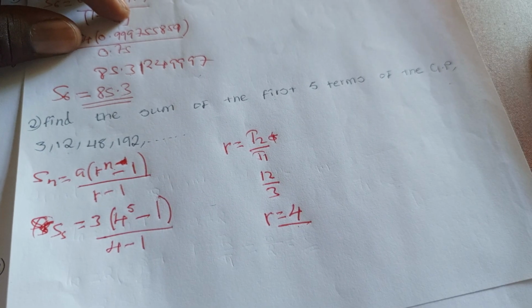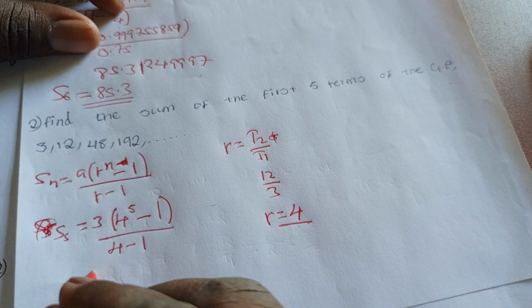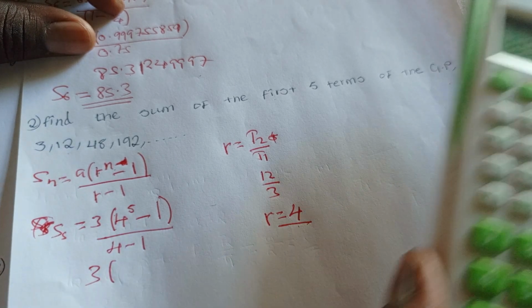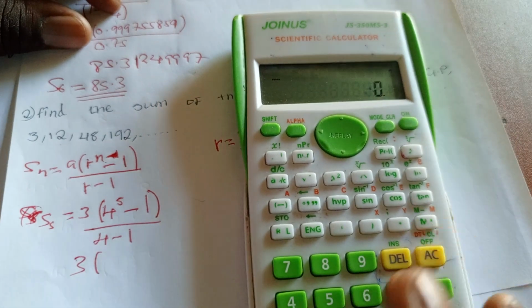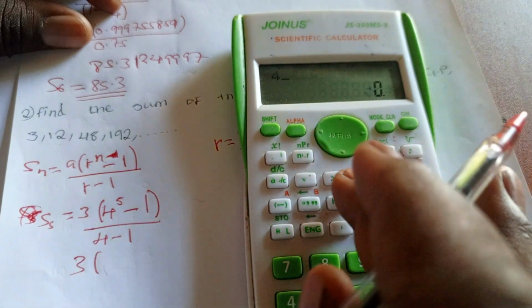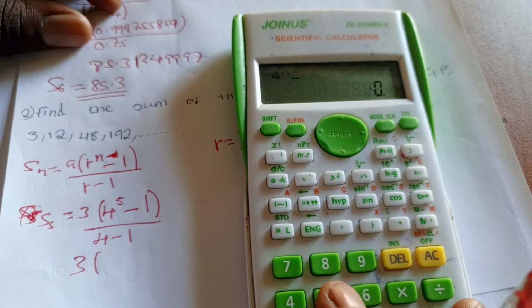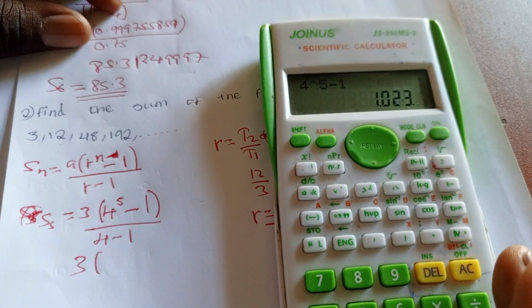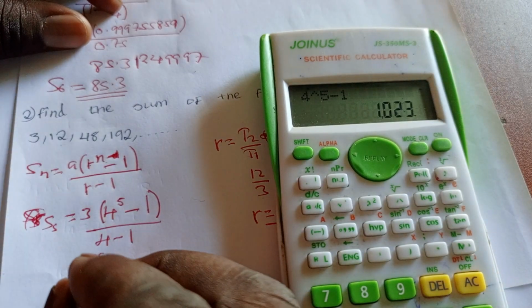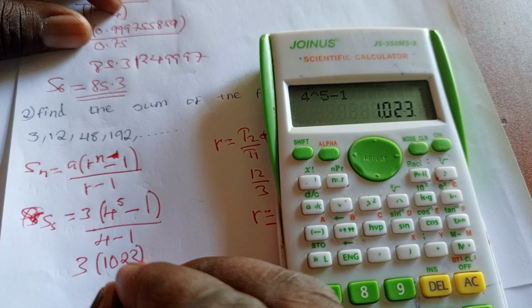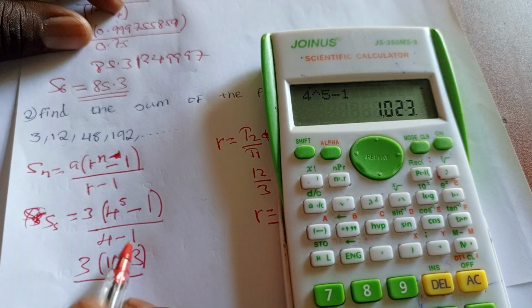Then from here I continue solving. I'll say 3, open bracket. So I'll solve what is inside the bracket. So I'll say 4 to the power 5 minus 1. The answer is 1023, like this, then over 4 minus 1 is 3.